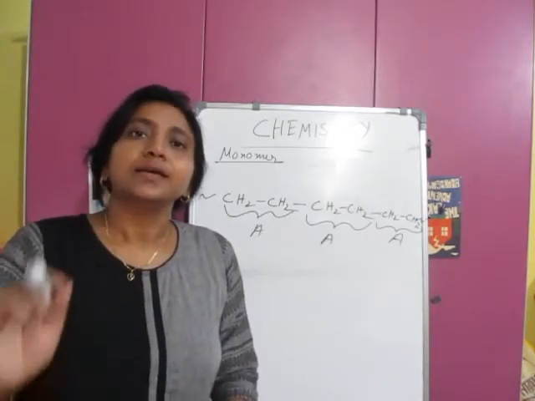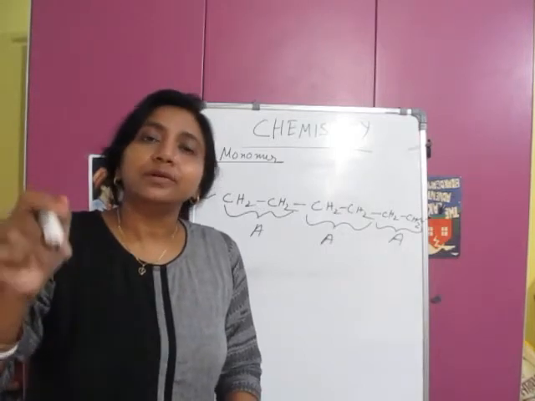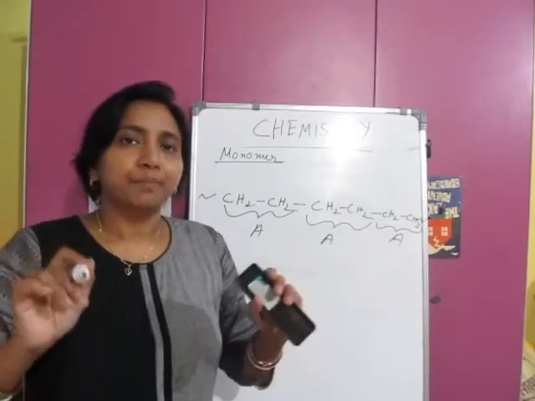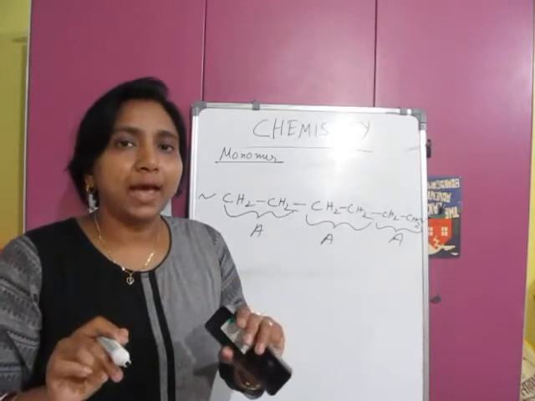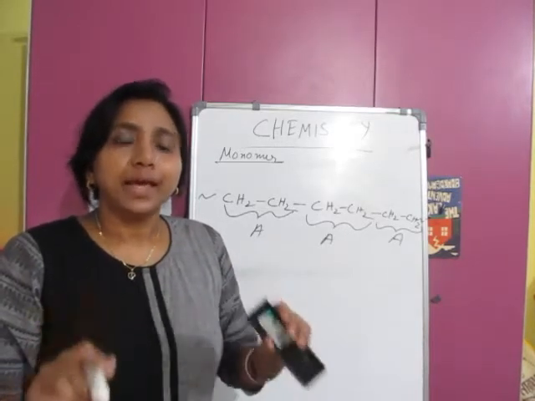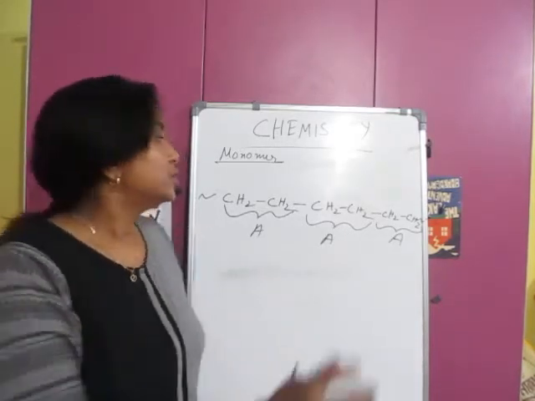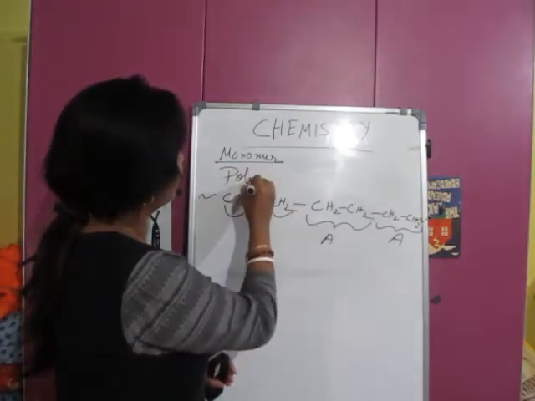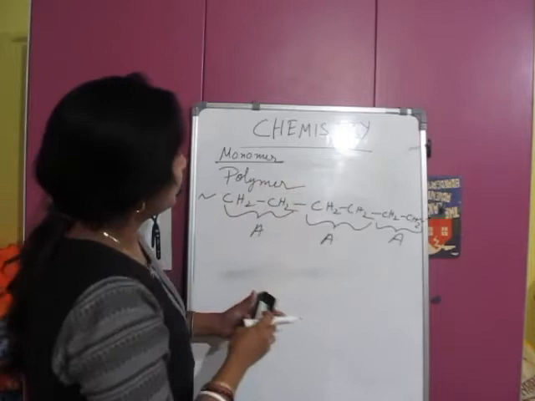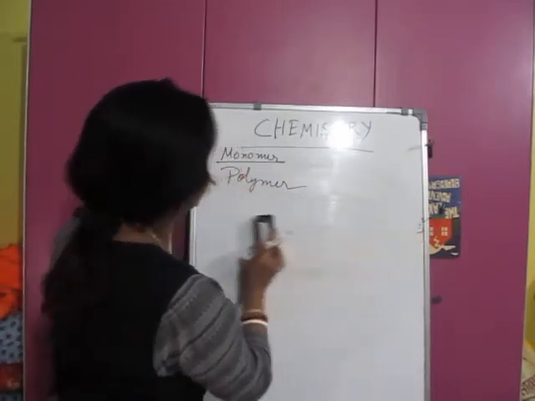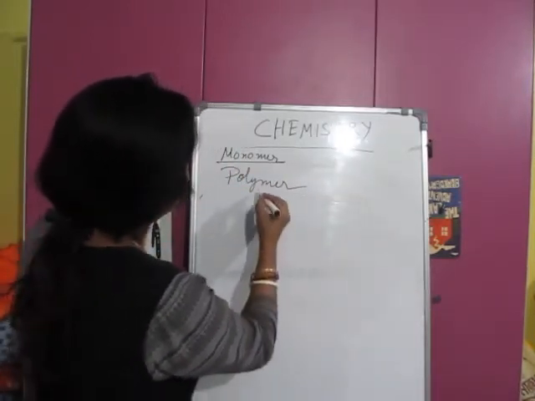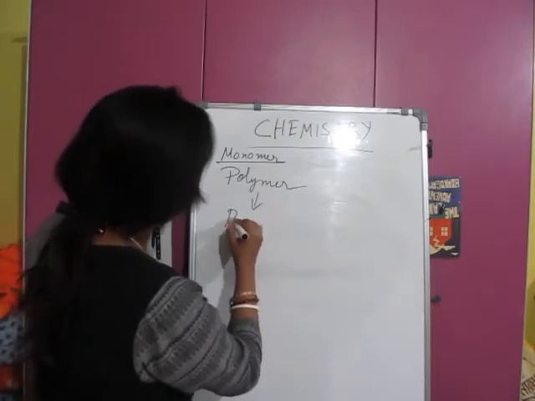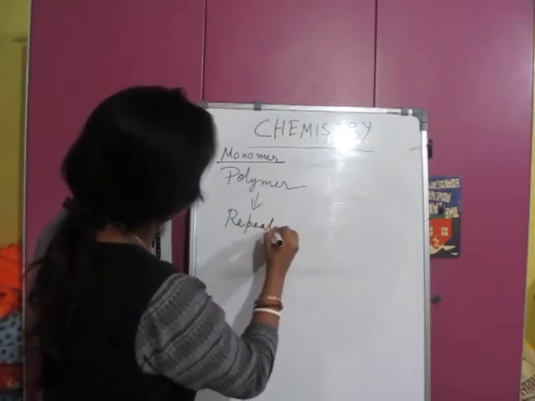Why not? Because although it is a macromolecule, it does not have any repeating unit. So to become a polymer, a repeating unit is a must.